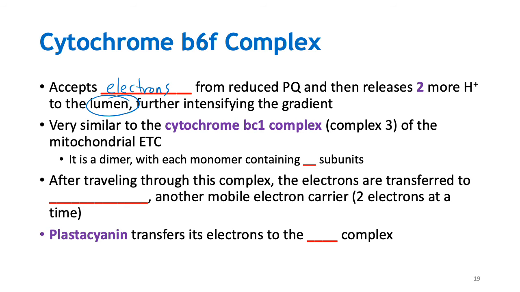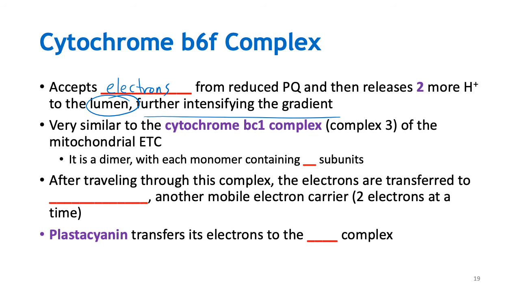Remember, I told you the thylakoid lumen has similarities to the intermembrane space of the mitochondria, as the intermembrane space of the mitochondria accepted all the protons, which had the high proton concentration gradient. Okay, so this is further intensifying the gradient. You may remember why this is high potential energy, because you have a bunch of plus charges bumping into each other, and not to mention you have this chemiosmosis. High concentration wants to go to low concentration, and there's no way for it to happen. Okay, and so that creates a lot of potential energy as well.